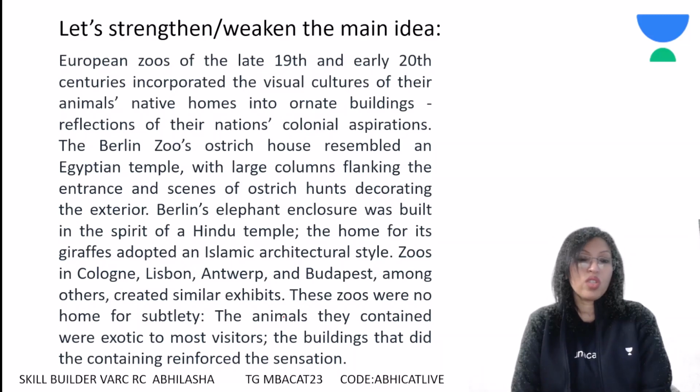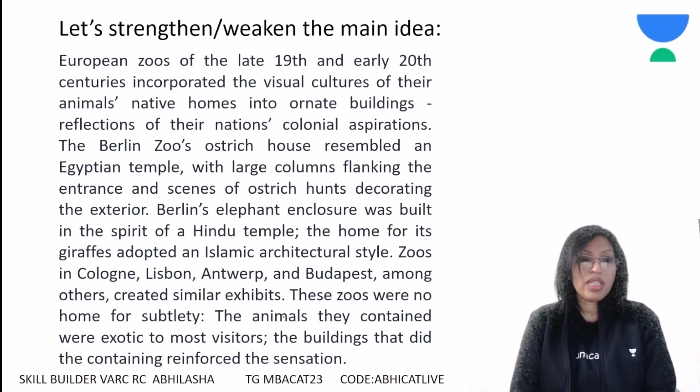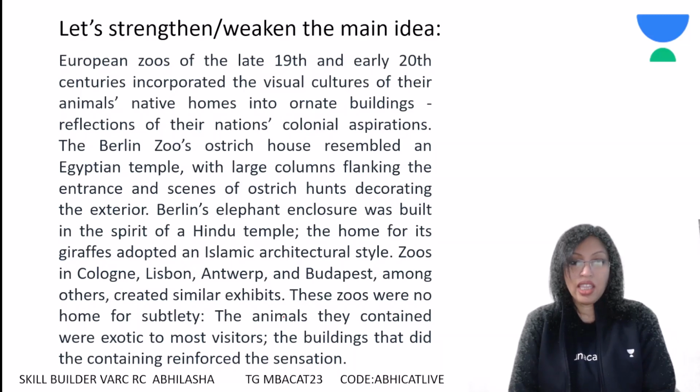So European zoos of the late 19th and early 20th century incorporated the visual cultures of their animals' native homes into ornate buildings. So wherever the animals came from, they had made these fancy buildings in the zoos just to show off the strangeness or the exoticness of the animal. Reflections of their nation's colonial aspirations.